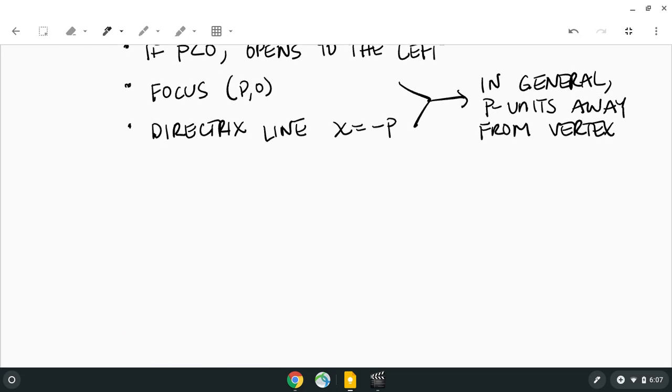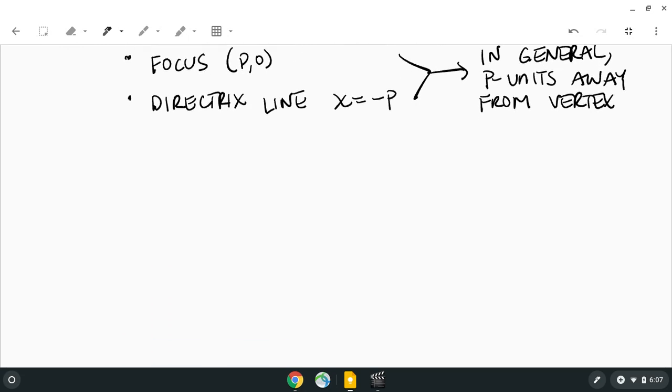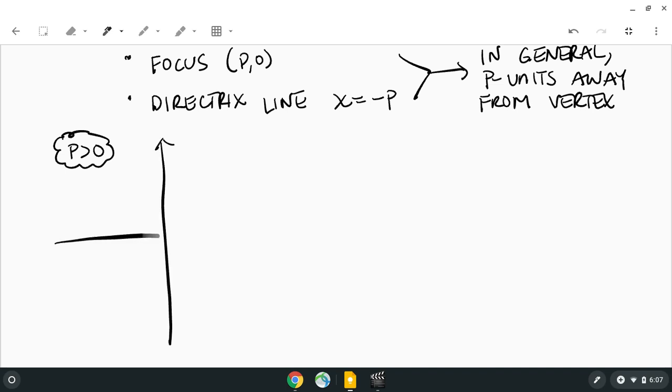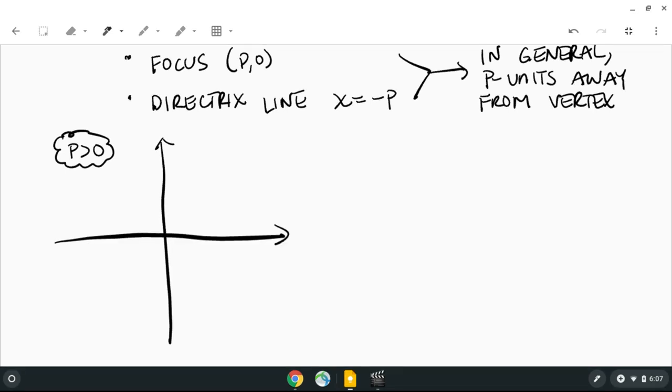So here, I'll draw what that would look like. When you have a positive p-value, then you have this. Okay, so vertex still at 0, 0, but now because the y is being squared, we have this sideways parabola.